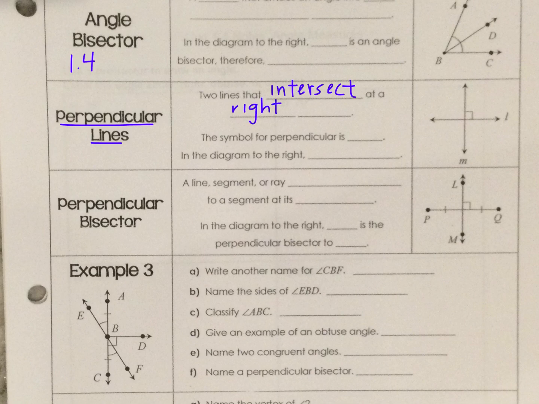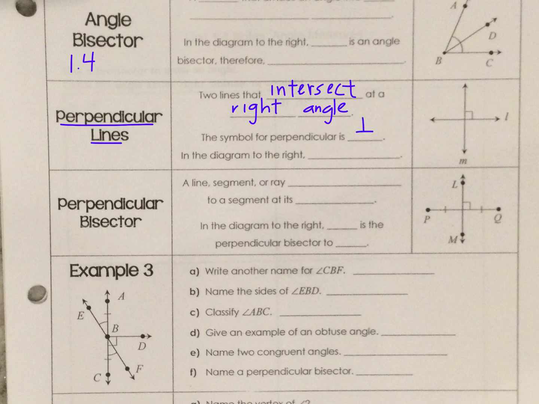We know that right angles are always 90 degrees. So this mark right here on this graph tells me that that is 90 degrees. And because I'm smart, I know that this little opening is 90, this side is 90 degrees, and that side is 90 degrees. The symbol for perpendicular looks like an upside down capital T.